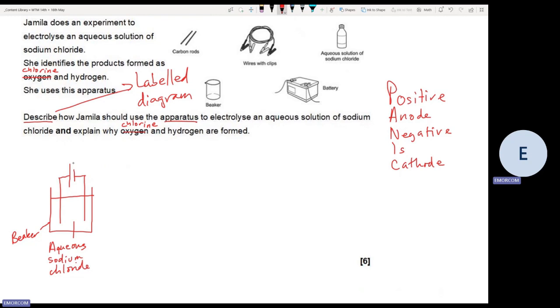Now I've made it so that the left-hand side of my cell or my battery is the positive one, and that's the negative one because it's the shorter side. I can then remember this, my positive anode, negative is cathode. So these electrodes are my carbon rods, but this one is going to be the anode.